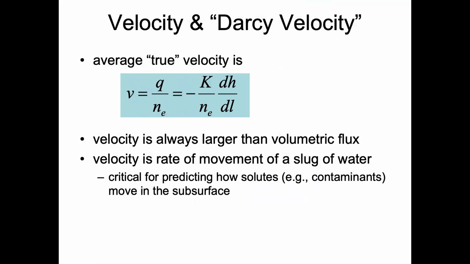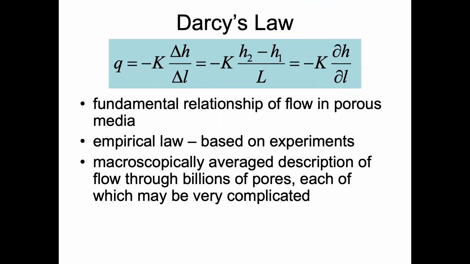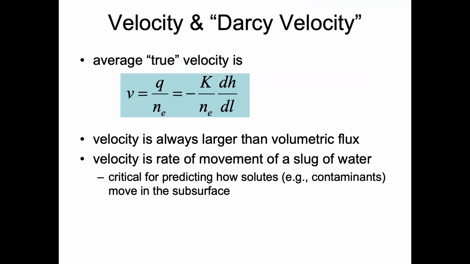In order to get the true velocity at which groundwater is moving, you have to take that volumetric flux, or specific discharge, and divide it by the effective porosity. The reason is that, as we discussed earlier, effective porosity consists of the connected pores, and it's only those connected pores that can move the volume of water in your system.